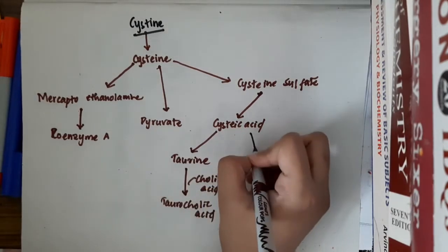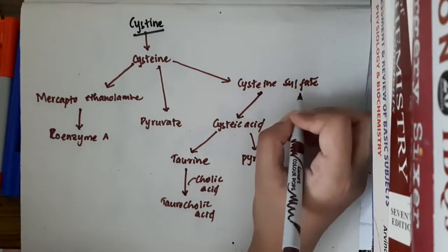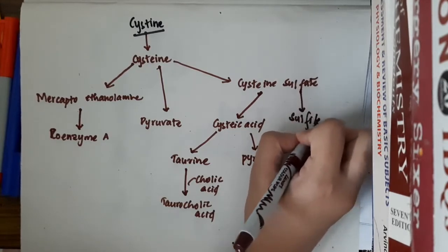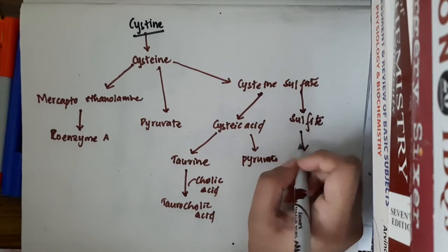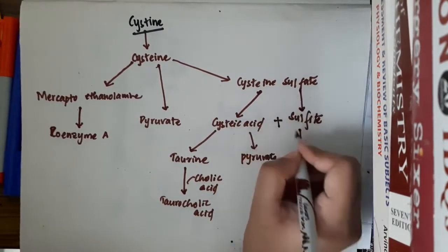This cysteic acid also forms pyruvate. This cysteine sulfinate removes the amino group and it forms sulfite. This cysteine sulfinate forms cysteic acid and sulfite.